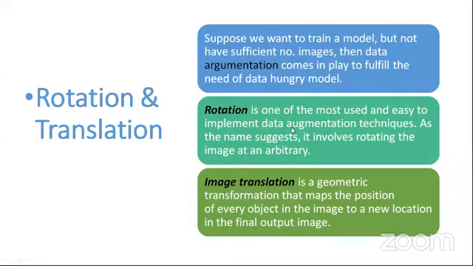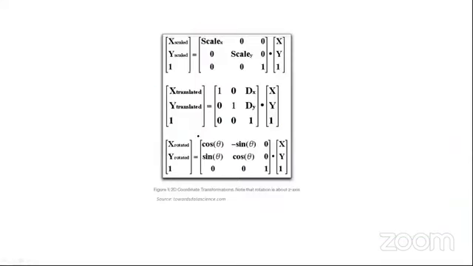So we will see how we can do the rotation and translation. For rotation, we will use this matrix. This is for the scaling of the pixels, this is for the translation of the pixels, and this is for the rotation of the pixels. Look at here.